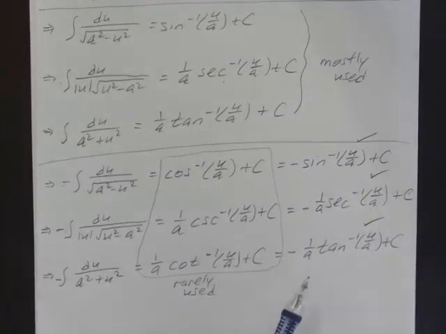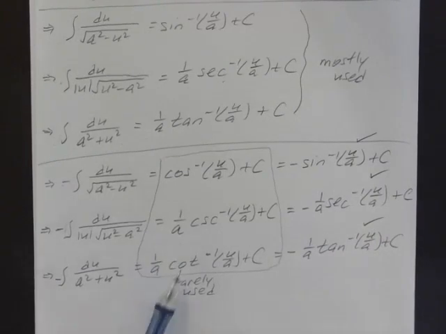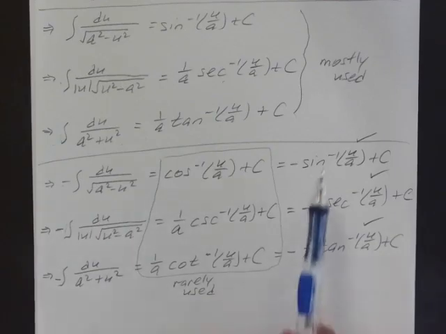Now with Newton, I don't know if they'll accept the cosine inverse and cosecant inverse and cotangent inverse, but at least last time I checked, I believe they mostly use the sine, secant, and tangent.